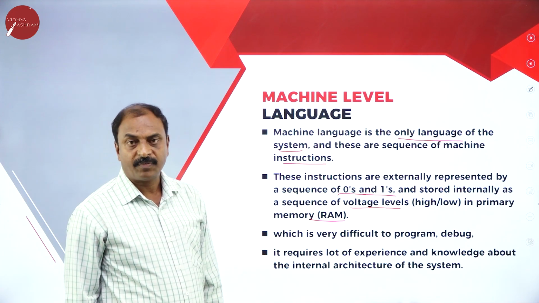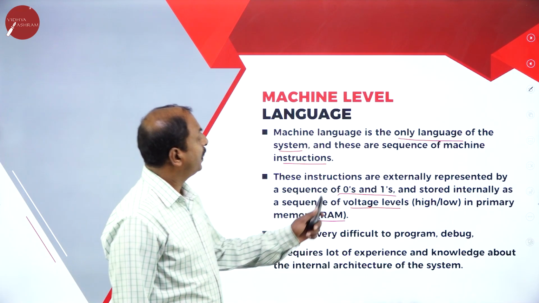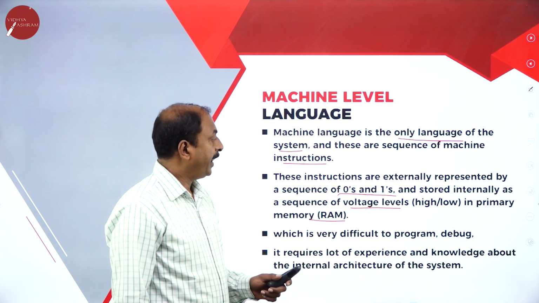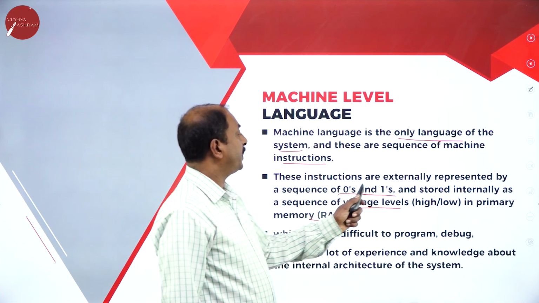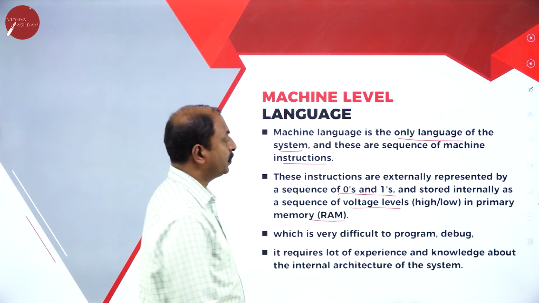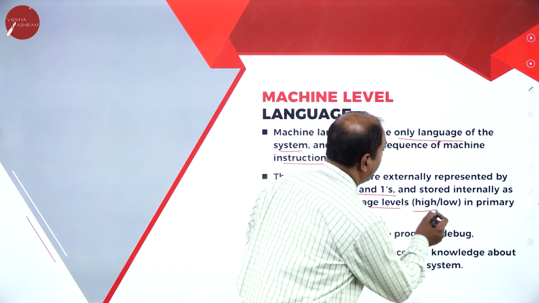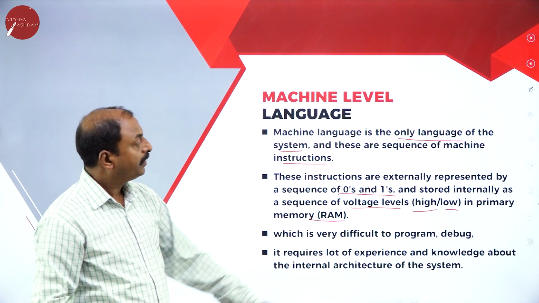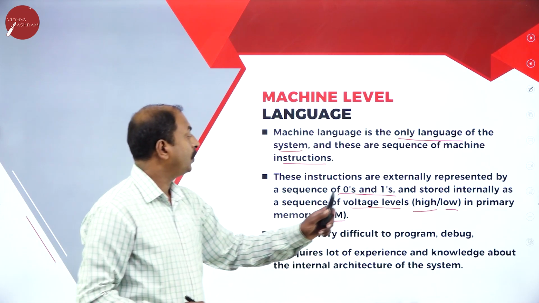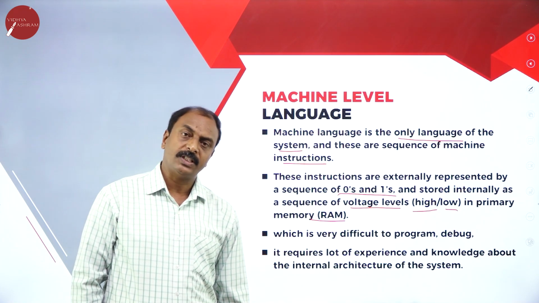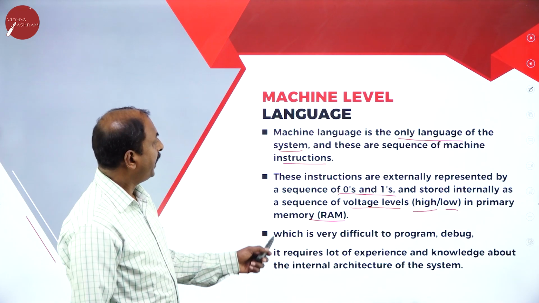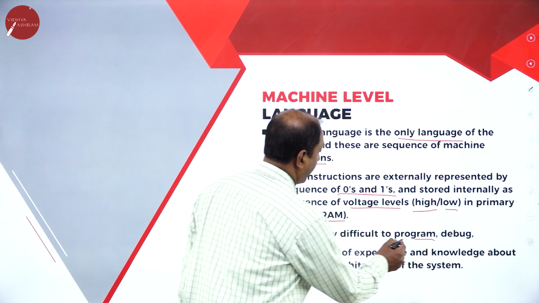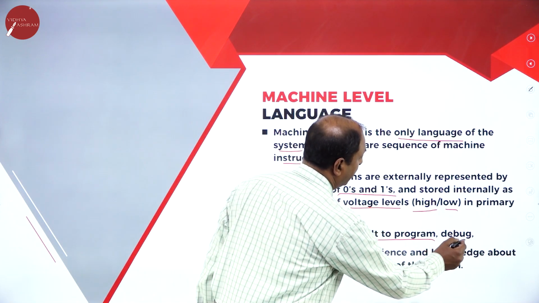We store it in RAM. Here 1 stands for high voltage, 0 stands for low voltage level with respect to the computer system. And this machine level language is very difficult to program as well as debug.